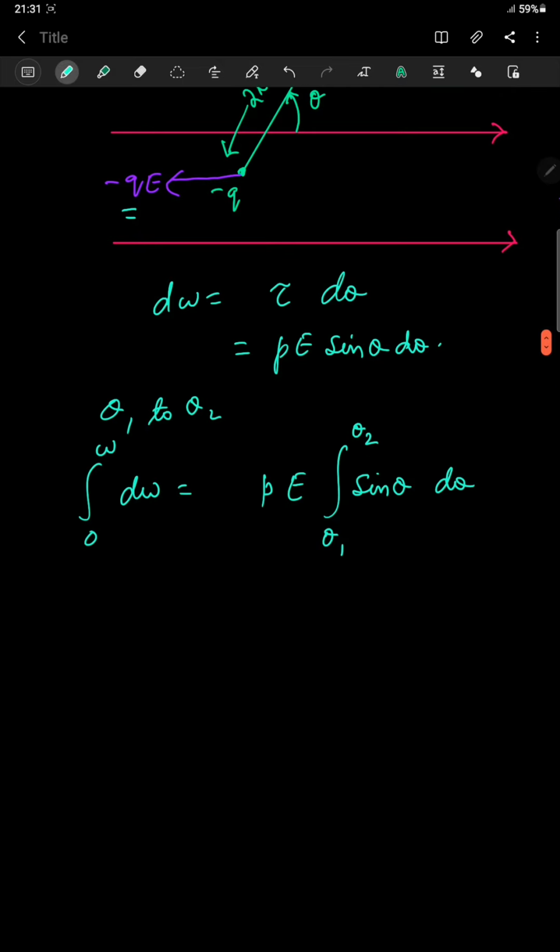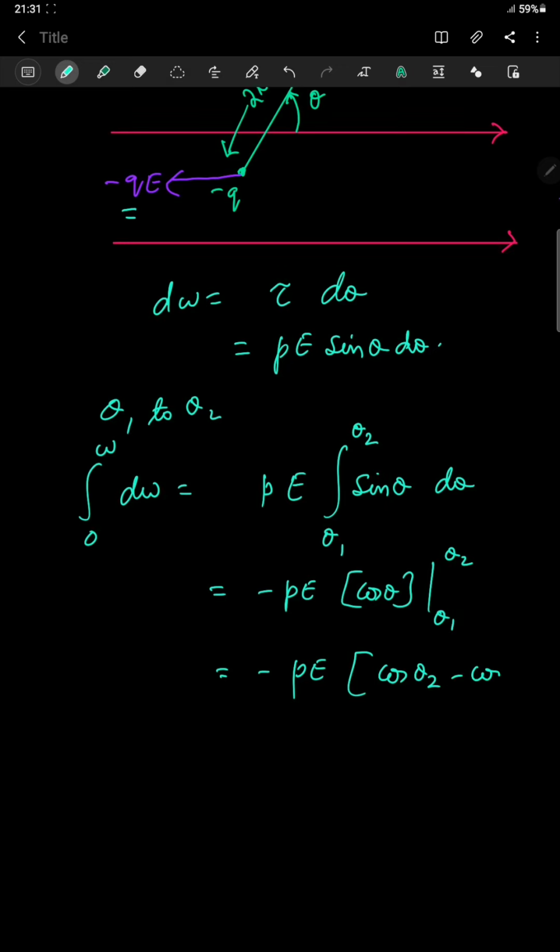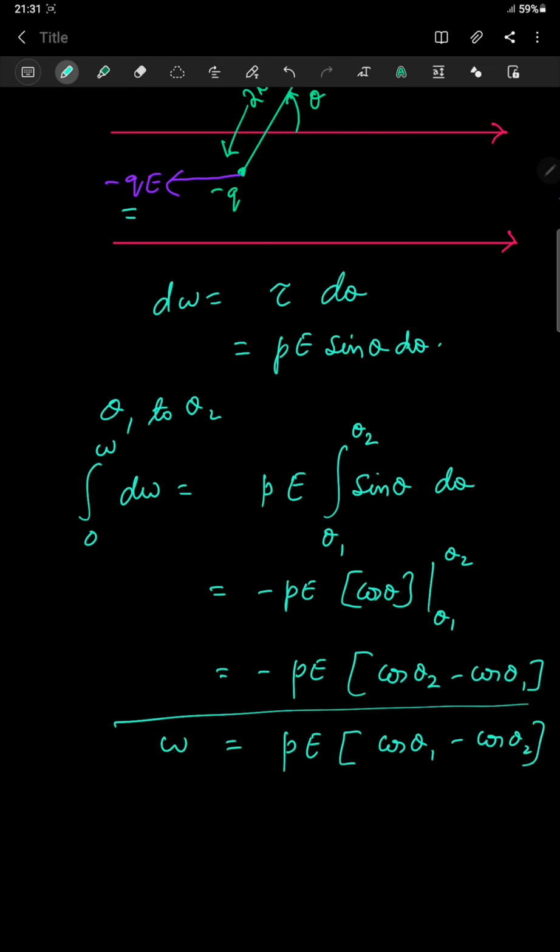Sine theta integrates to minus cos theta, so minus pE cos theta, with limits from theta 1 to theta 2. If we expand it, minus pE times cos theta 2 minus cos theta 1. If I reverse it, the minus sign will come out, so minus minus becomes plus pE times cos theta 1 minus cos theta 2. So this is the work done for rotating it from angle theta 1 to theta 2.